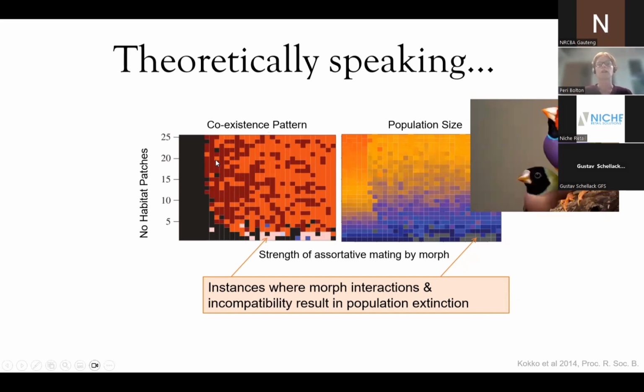Don't worry too much about the details, but the takeaway is that there are scenarios in which the incompatibility can lead to the extinction of the species completely, or for one or the other head color morph to become dominant in the population. But there's also a lot of parameter space where the population size is quite low. And so maybe this is part of why the population is low in what we've observed in the previous section.